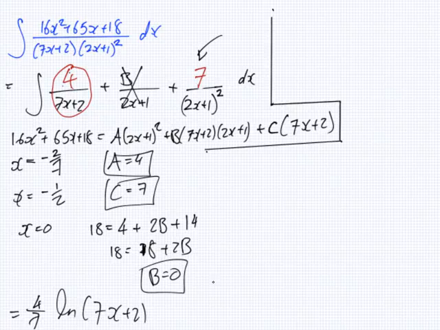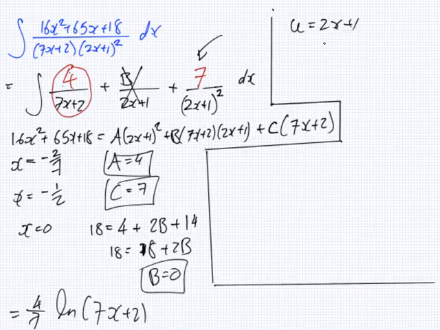By u, yeah. So you say let u equal 2x plus 1. du dx equals 2. That means dx equals du over 2.